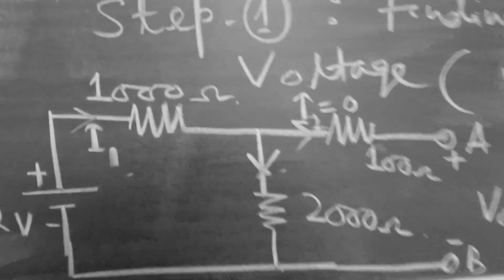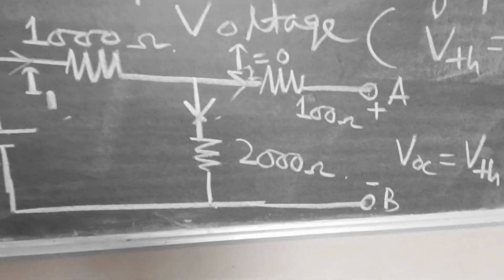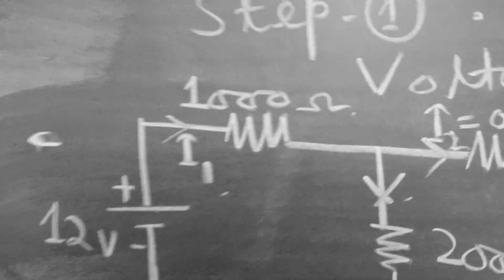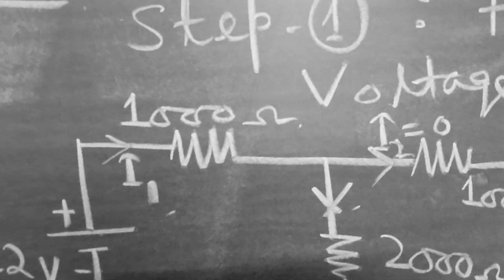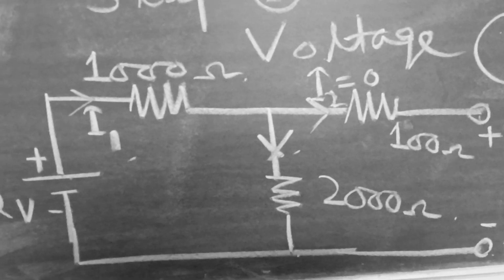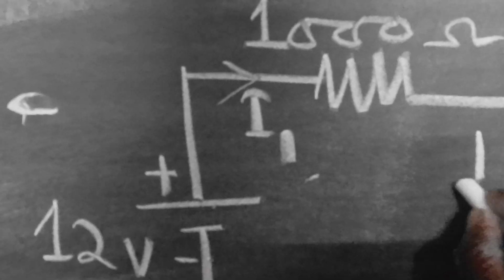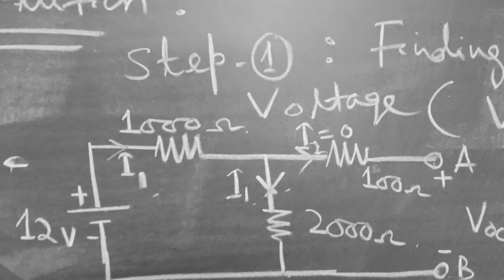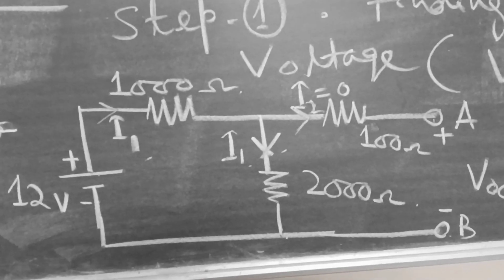Why? Because this is an open circuit, and open circuit means infinite resistance. So whatever current flows through the 1000 ohm, the same current also flows through the 2000 ohm. Being the same current, we can say they are connected in series.